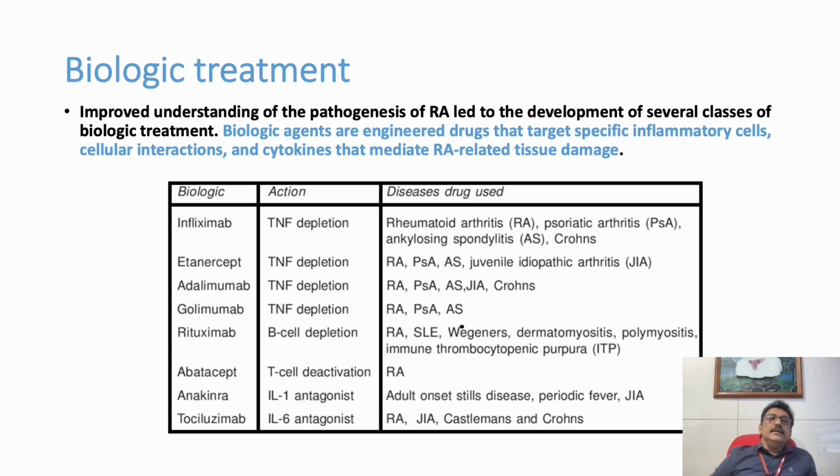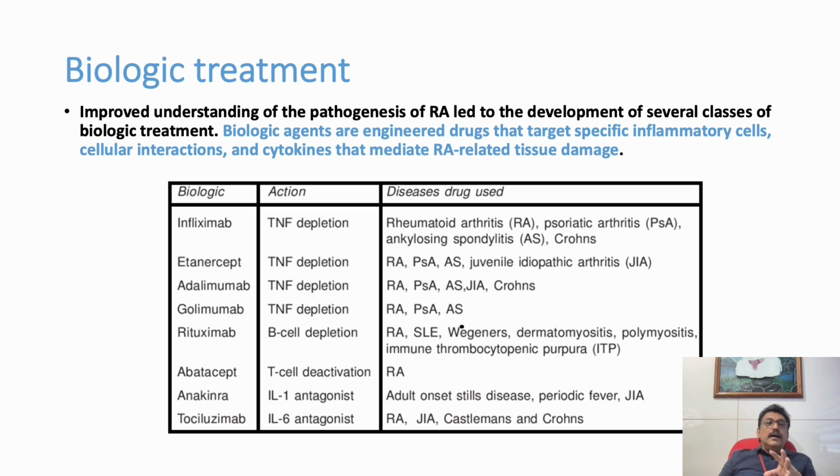That also we'll see. Biological DMARD means they are biological agents, engineered drugs that are targeted to specific inflammatory cells. They are not like steroids. Steroids act against general immunity, but these are acting against specific antibodies.